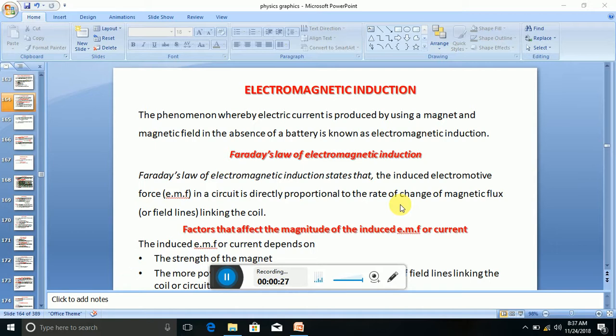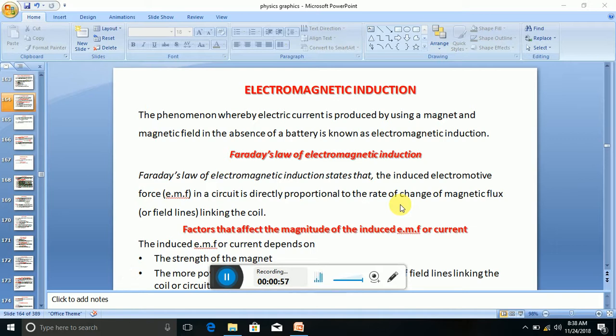So this phenomenon is known as electromagnetic induction: production of electric current using a magnet and magnetic field in the absence of a battery. This is actually what happens in places like the Kainji Dam, where they are generating electricity for us. There is always this electromagnetic induction.